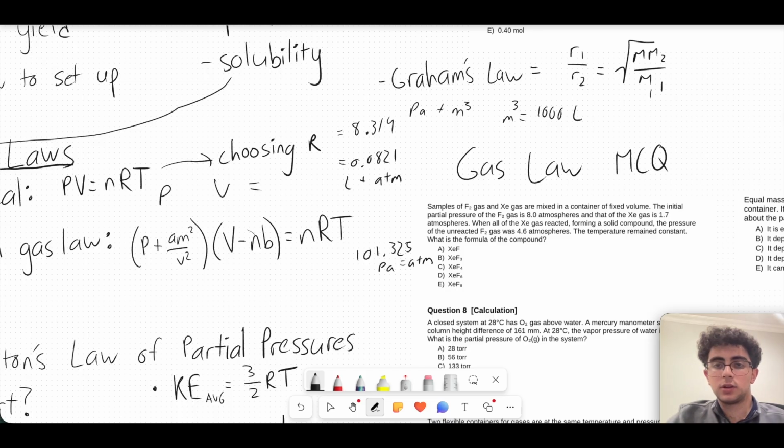Notice how if molar mass 2 is very big, that means R1 is going to be very big. That makes sense: the bigger and heavier gas is going to move slower, and the lighter gas is going to move faster. So a simple MCQ could give you two gases and ask which one effuses faster. It's just going to be the one with the smaller molar mass.